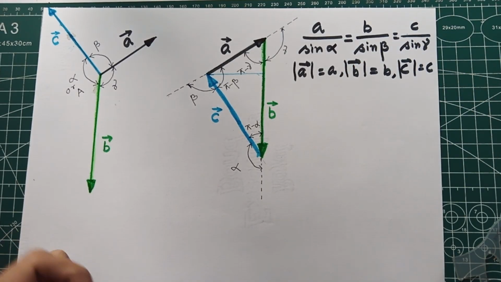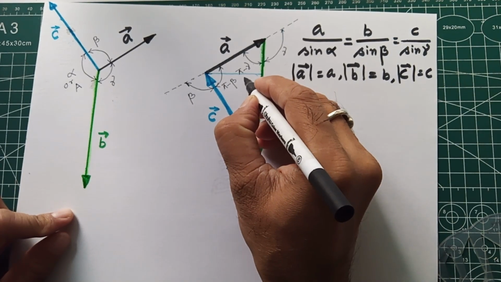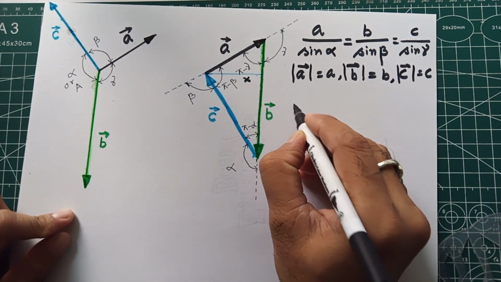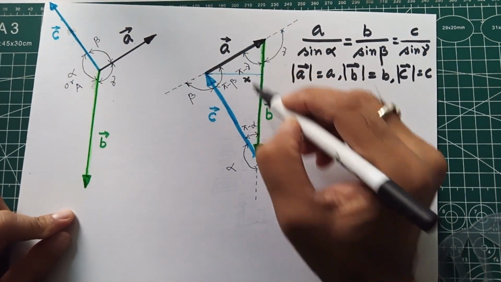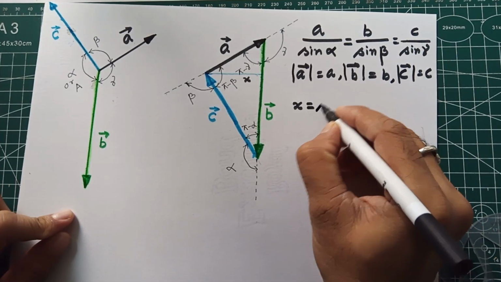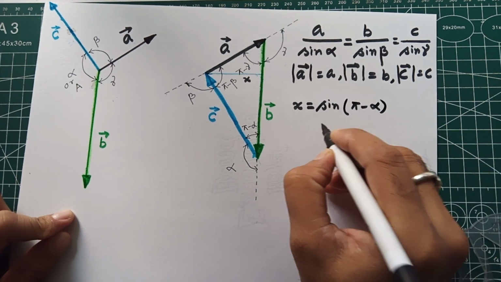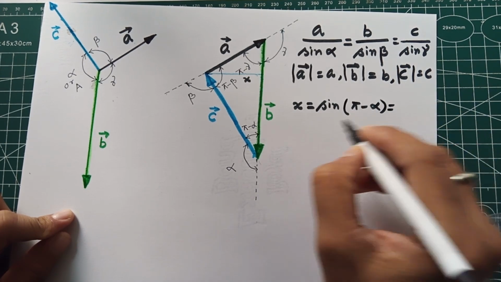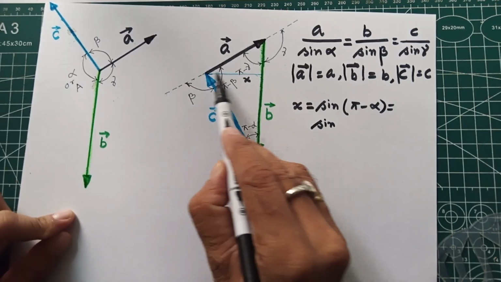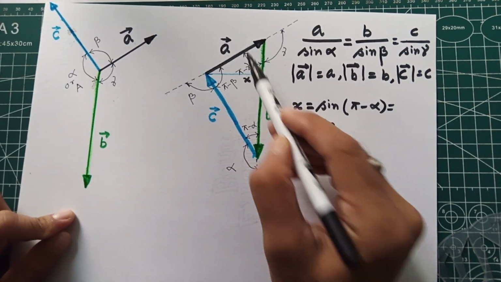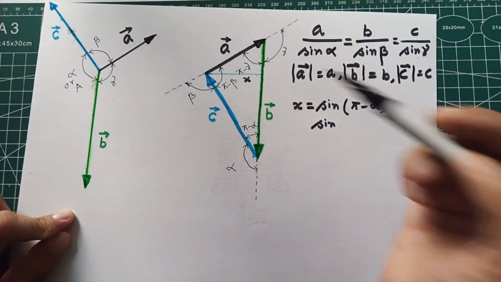Therefore, can we write, say this length is x, then x is equal to sine of pi minus alpha, and this is the same as sine of pi minus gamma, because this length is common to this side and this side.